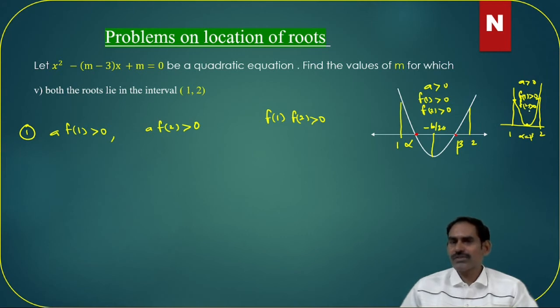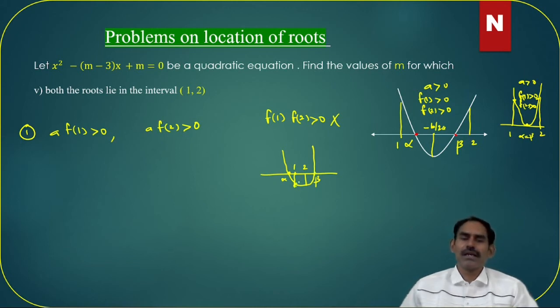Here also positive, a is positive, positive, positive, positive. But we can't write this condition, because if you take the roots in this manner, for example here 1, this is 2, now alpha beta, so 1 comma 2 lie in the alpha comma beta.